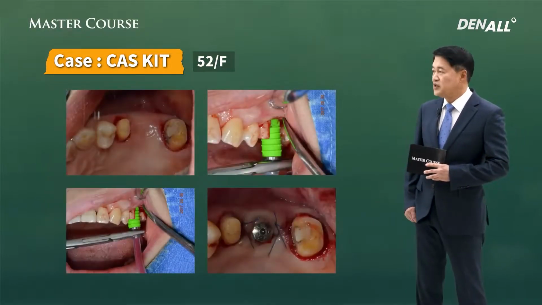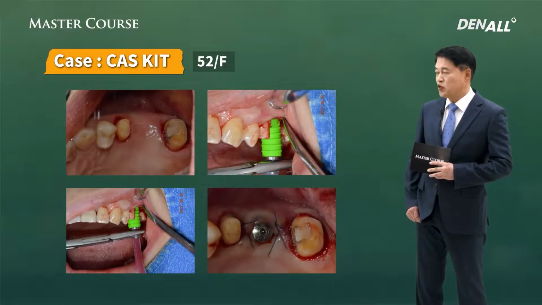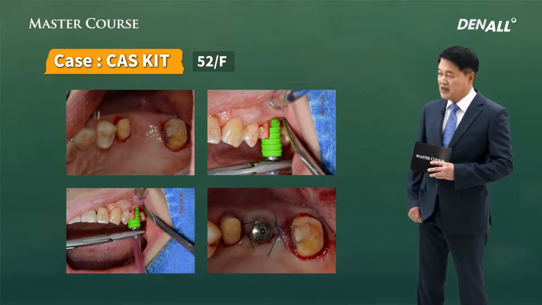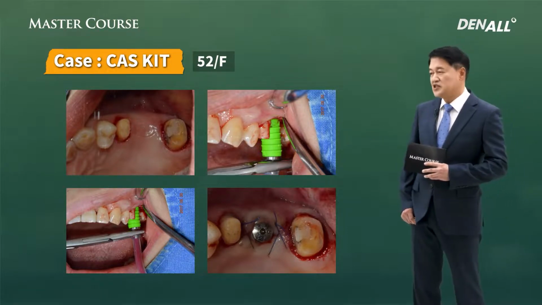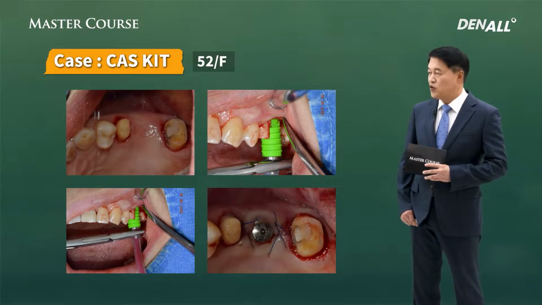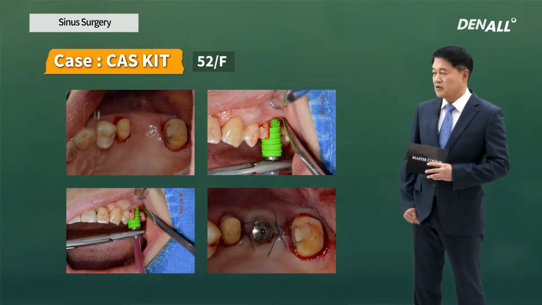As you can see, drilling was done. Finally, the hydrolifter is fixed. Saline is injected and drawn back, and if there's bleeding, it means that perforation has not occurred and that lift has been done successfully.